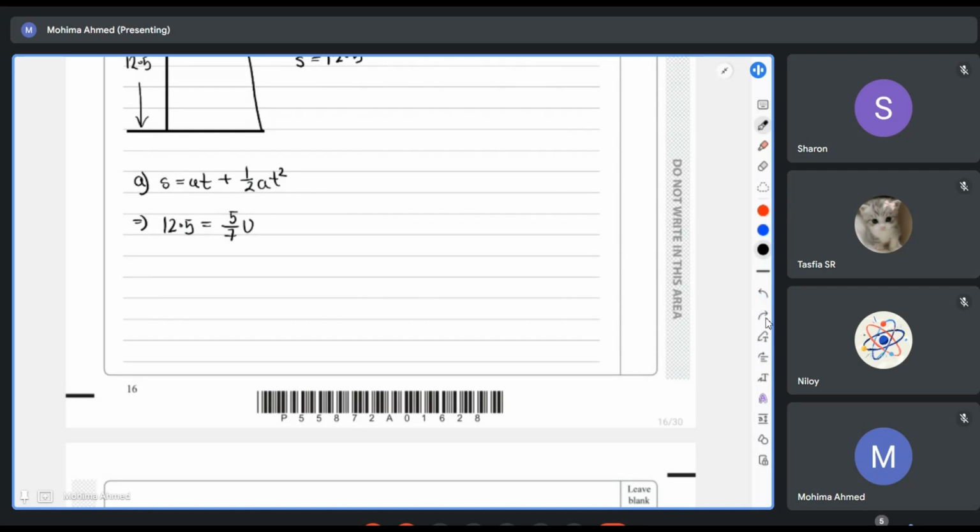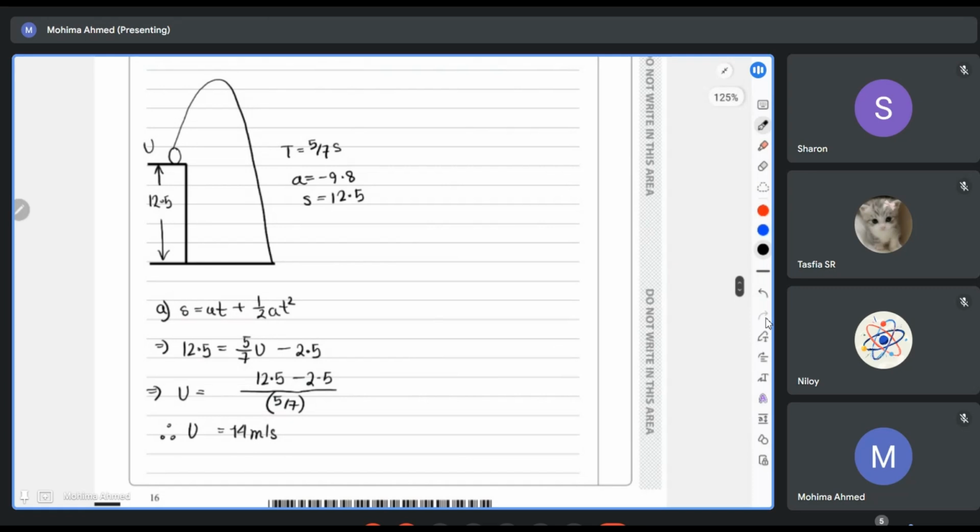So 4.9 multiplied with (5 by 7) square actually gives you 2.5. Okay, so I'll just write 2.5 here directly. And in that case, the value for U would be 12.5 minus 2.5 over 5 by 7. That's 14. The value for the initial velocity with which the ball was projected in the upward direction is 14.